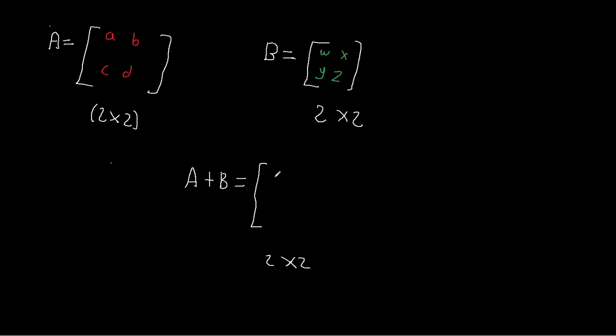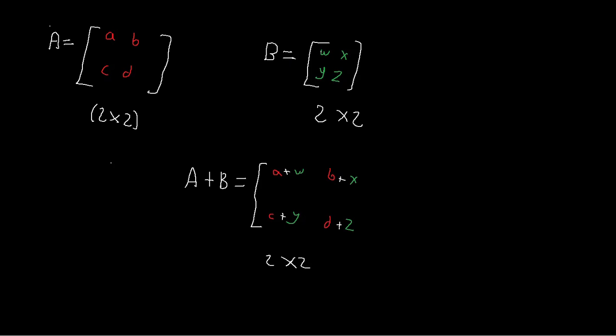So the first element is going to be A plus W. The second element is going to be B plus X. The third element is going to be C plus Y. And then the fourth element is going to be D plus Z. Ooh, keep my color coding consistent here.